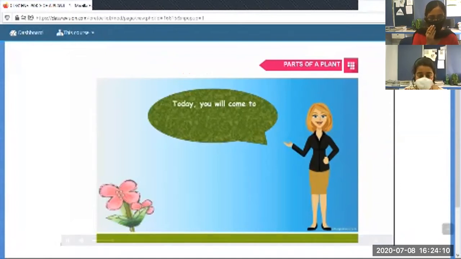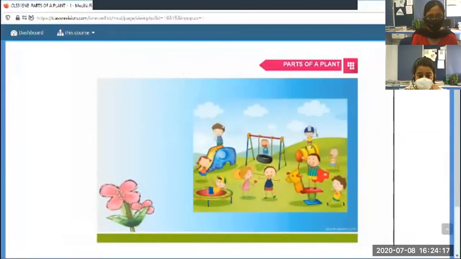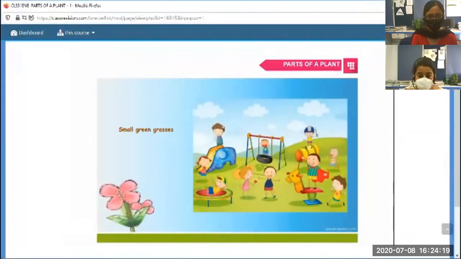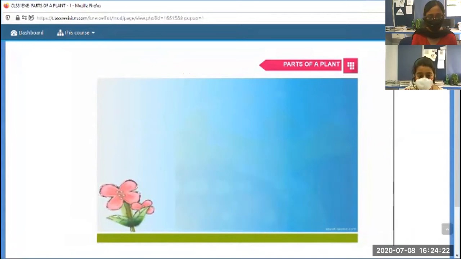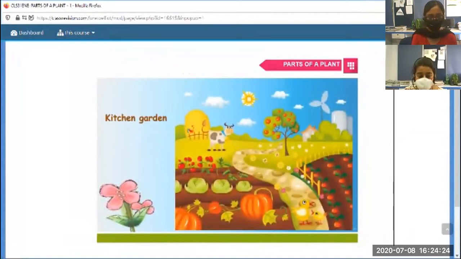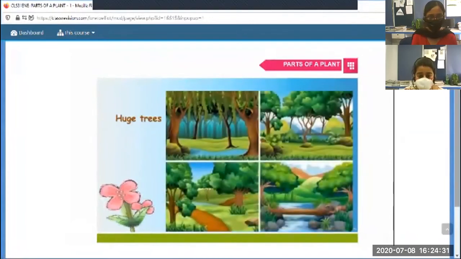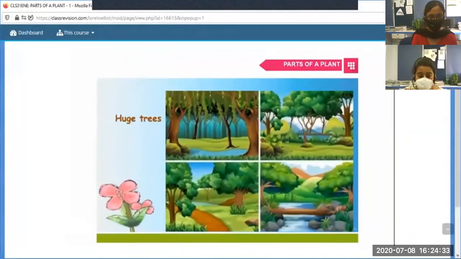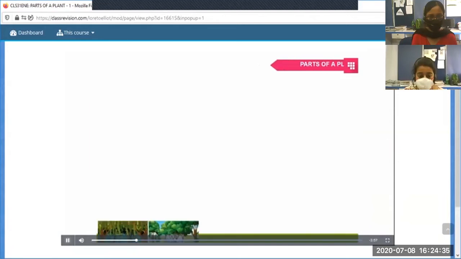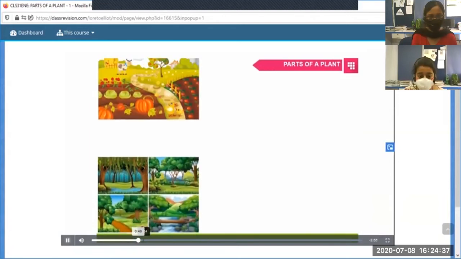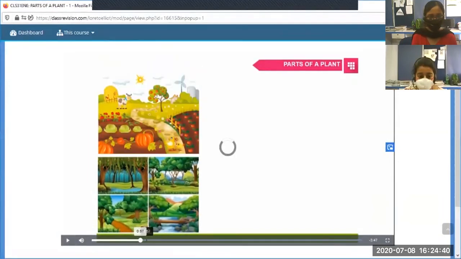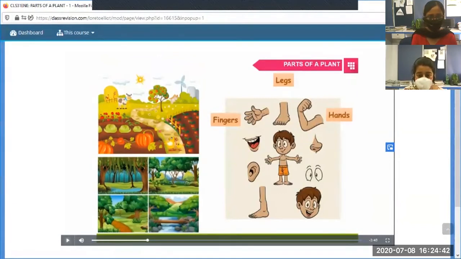Today, you will come to know about the various parts of a plant. In your school playground, there are small, green grasses. In your mother's kitchen garden, there are various types of plants. In forests, there are huge trees. But all the above types of plants have some basic body parts. These are the body parts which we have, right?